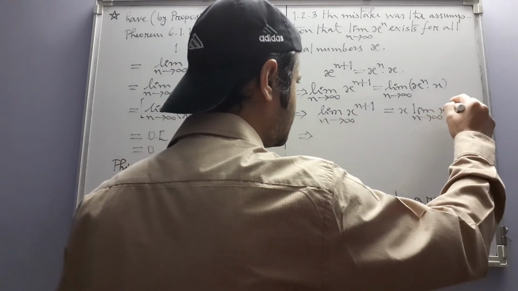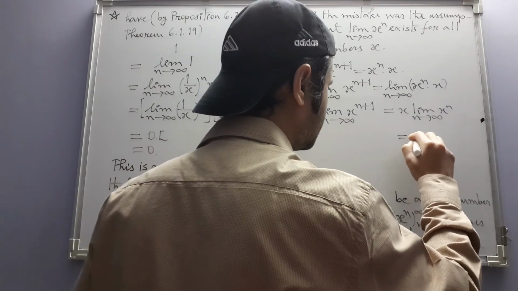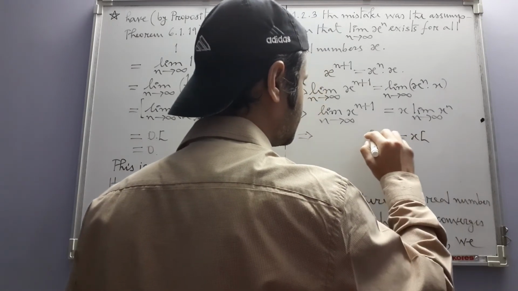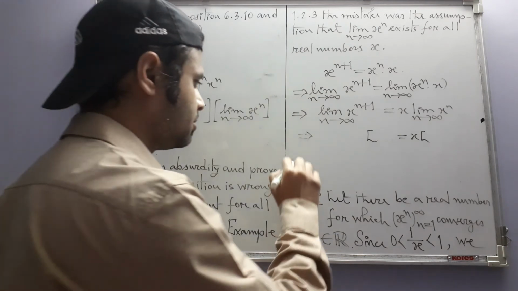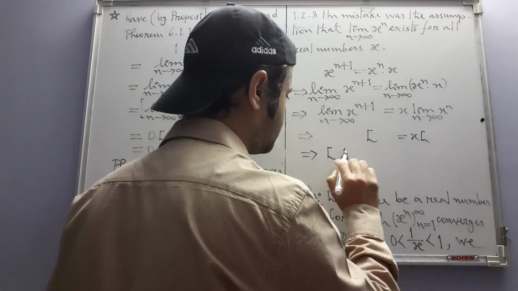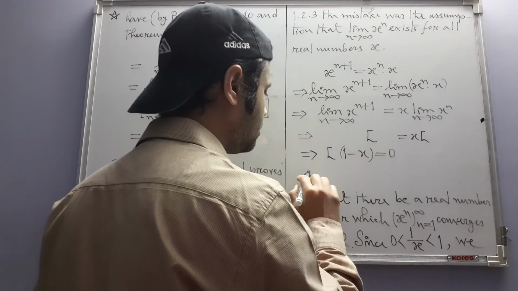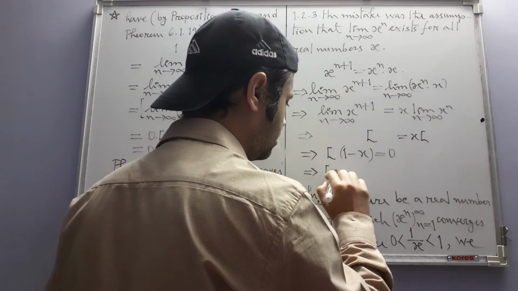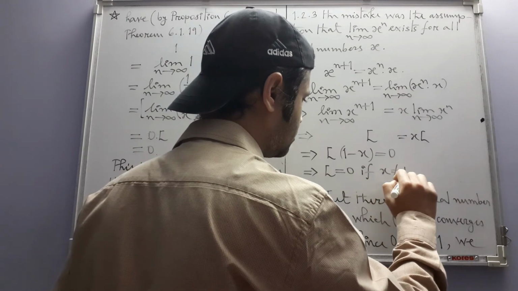So we assume that since this limit is something, it is L. So this is also going to be L. And then from here, of course, we have L times 1 minus x is equal to 0. And this implies L is equal to 0 if x is not equal to 1.